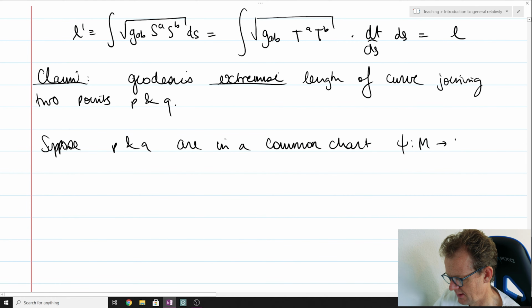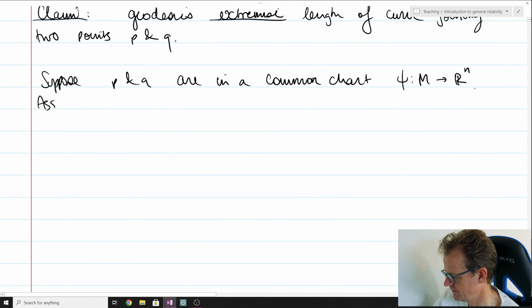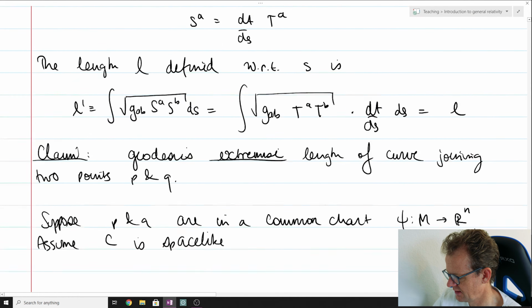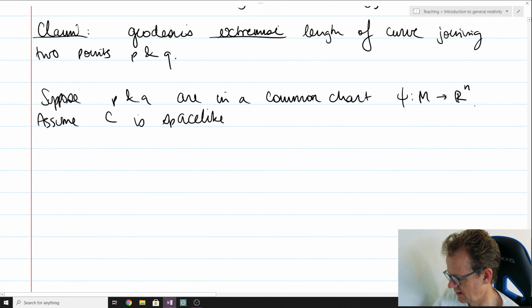So a chart is just a map from M to R^n. And to make life even simpler, we're going to assume that C is space-like. Otherwise we have to deal with the proper time. It's okay, it doesn't make any particular new challenges for us. Did I put the minus sign in the proper time? Yes, I did. Okay, where C is space-like.